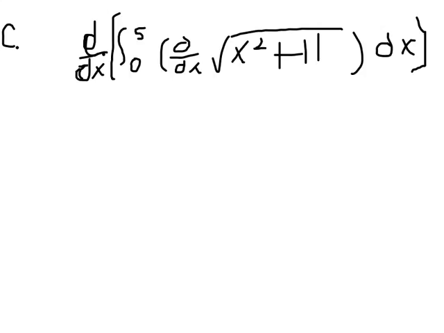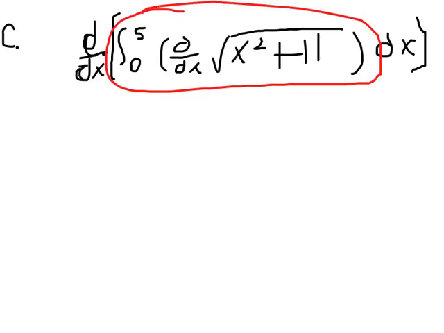Part C is asking us to find the derivative of the integral from 0 to 5 of the derivative of the square root of x squared plus 11 dx. Knowing what we know from part B, we know that the integral from 0 to 5 of the derivative of the square root of x squared plus 11 is equal to 6 minus the square root of 11.